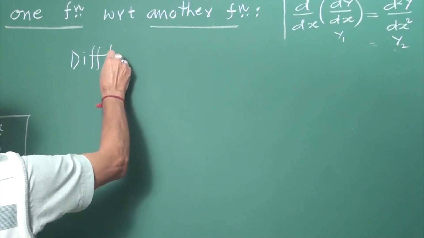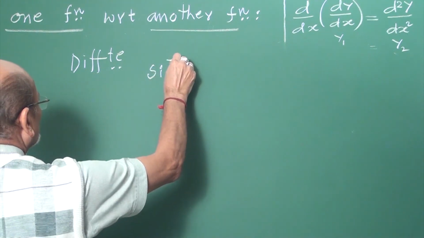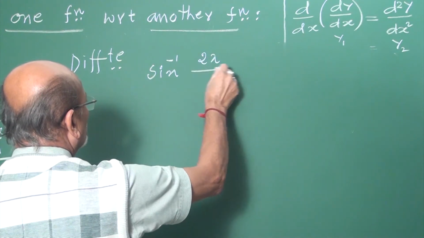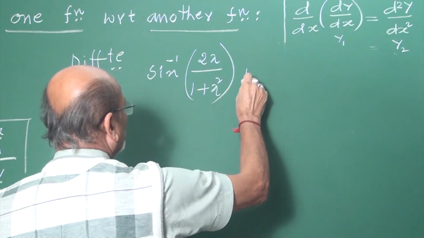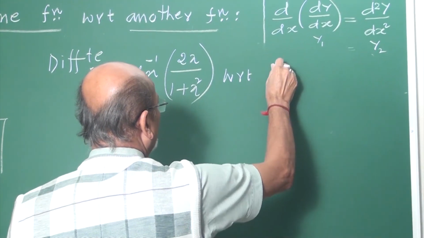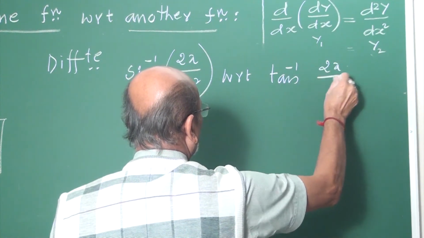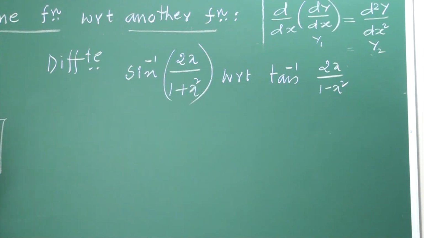Next is differentiate sine inverse of 2x upon 1 plus x squared with respect to tan inverse of 2x upon 1 minus x squared.